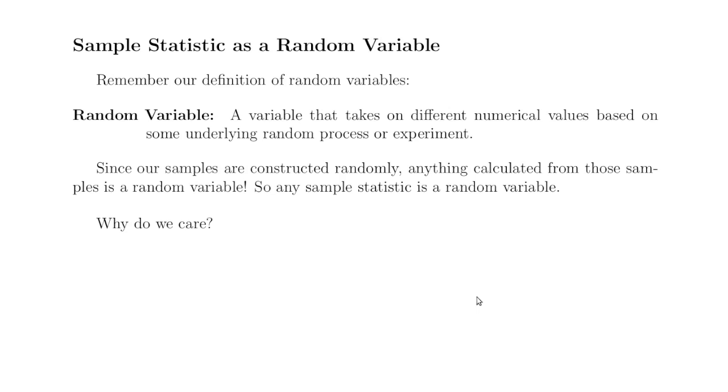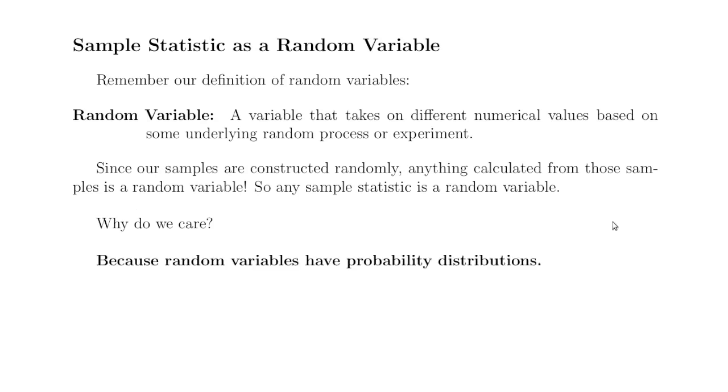Which is great, I guess, cool, but who cares, right? Why is this important to us? Why does this matter? Well, what we've done with random variables so far is looked at their probability distributions. And so if random variables have a probability distribution, then that means these sample statistics have probability distributions as well.